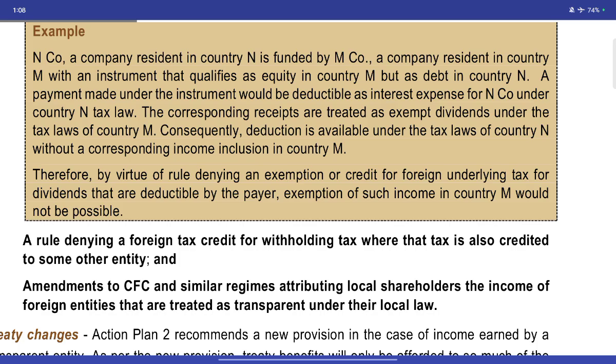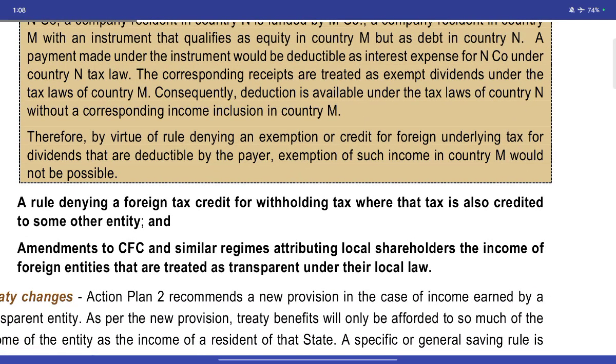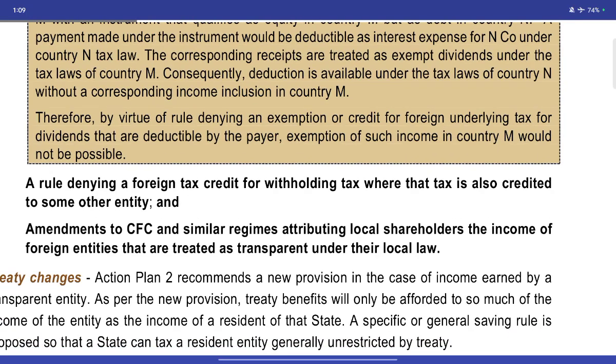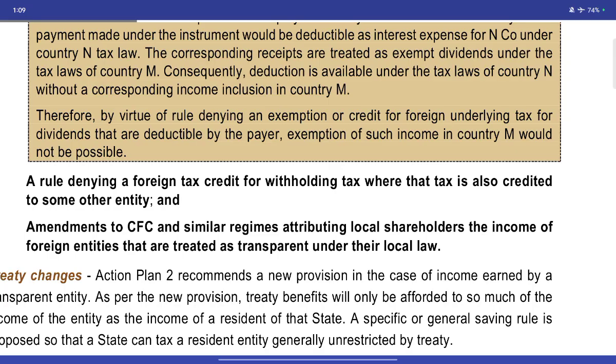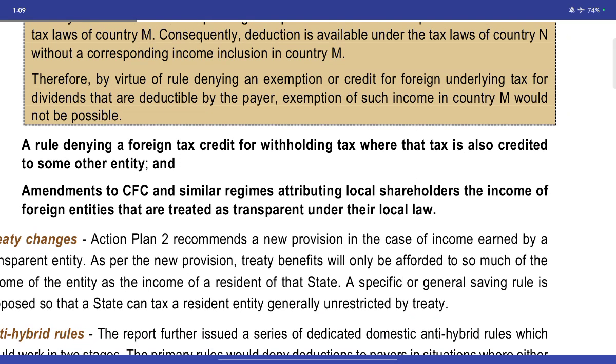The corresponding receipts are treated as exempt dividends under the tax laws of country N. Consequently, a deduction is available under the tax laws of country N without a corresponding income in country N. Therefore, by virtue of denying the exemption or credit of foreign underlying tax for dividends deducted by the payer, such income would not be exempt in the country.